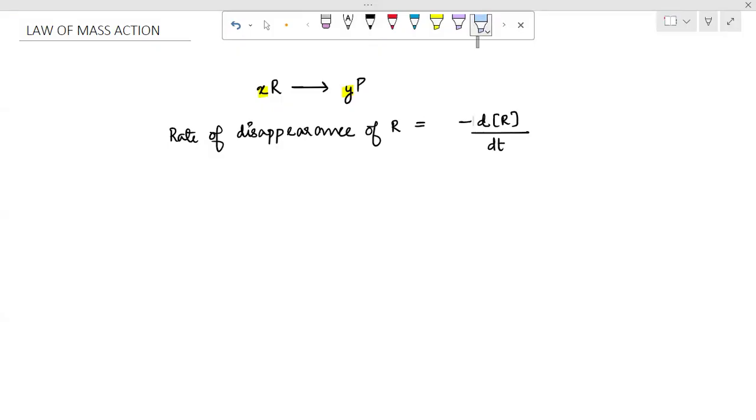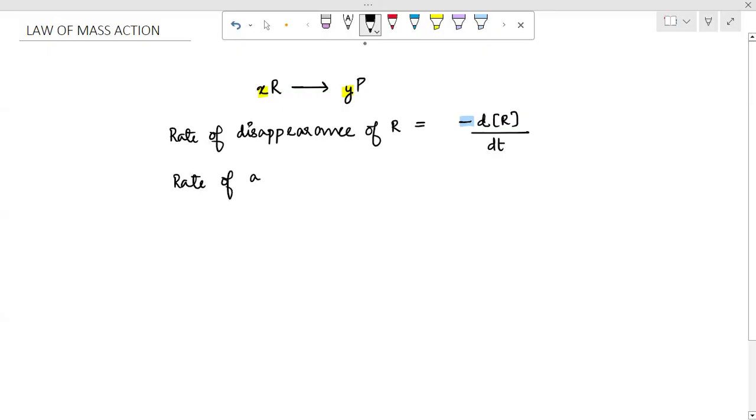You put a minus sign because whether it be rate of disappearance, rate of appearance, or rate of reaction, it's always going to be positive. So in order to make it positive, if you take the reactant's concentration changes, you need to put a negative. This was discussed yesterday, right?